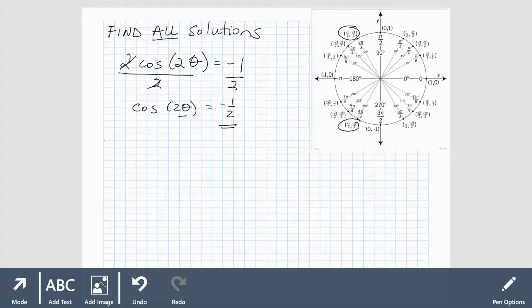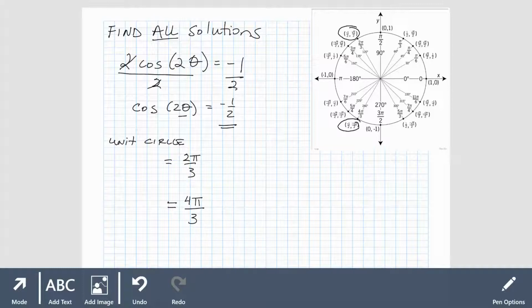So when we look at what the unit circle values are where this happens, we end up with a value of the inverse cosine here at 2 pi over 3 radians. And we also have another one down here at 4 pi over 3 radians. These are places where the cosine is equal to -1/2.